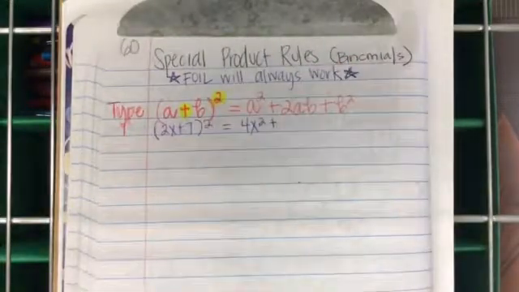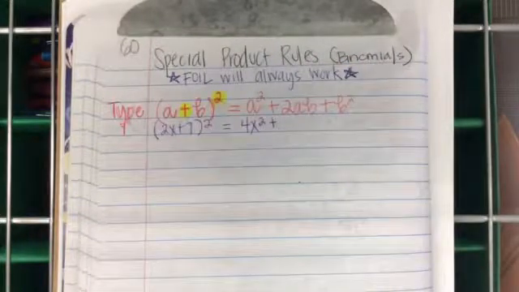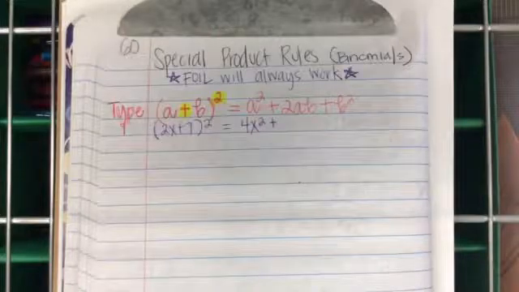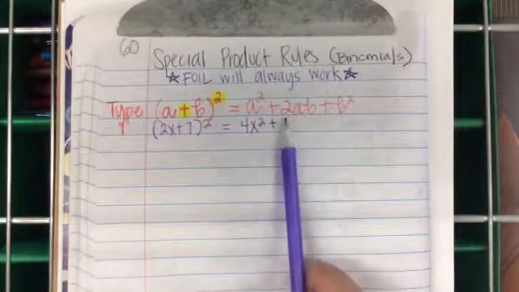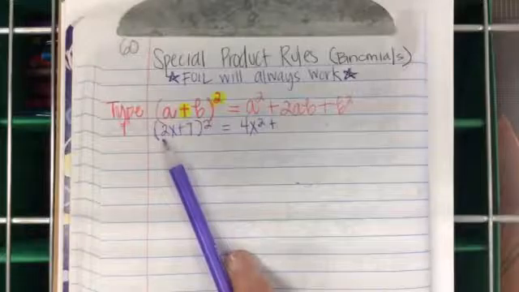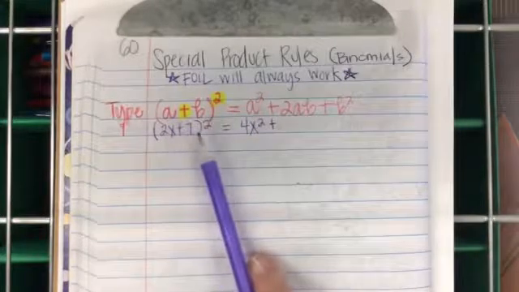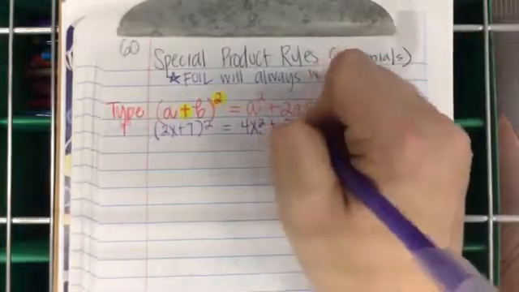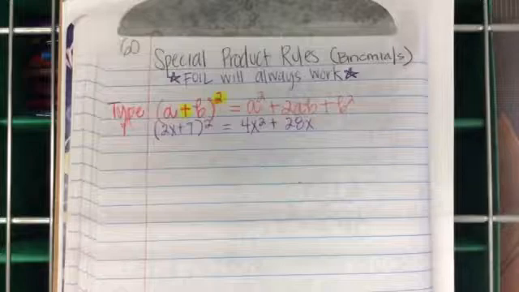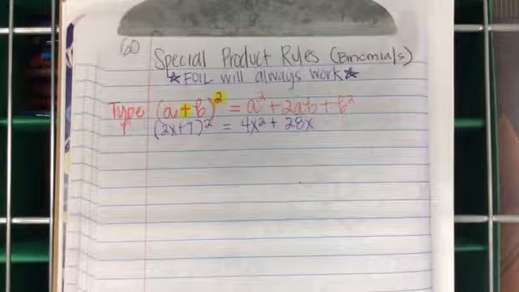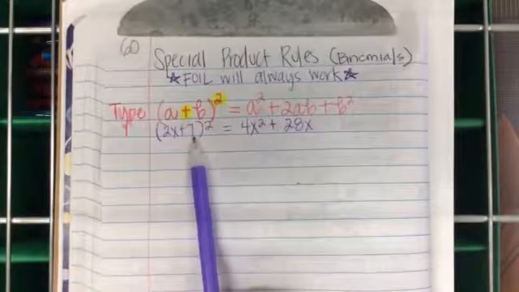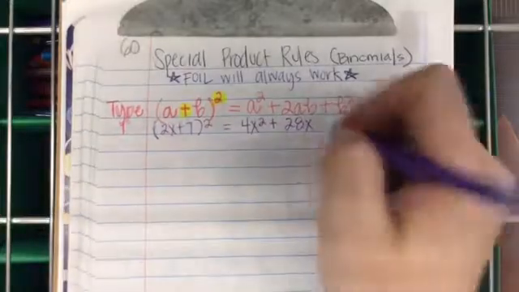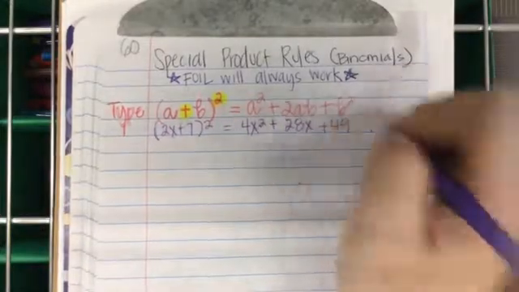Plus 2 times 2x is 4x times 7 is 28x. And last, 7 times 7 is 49.